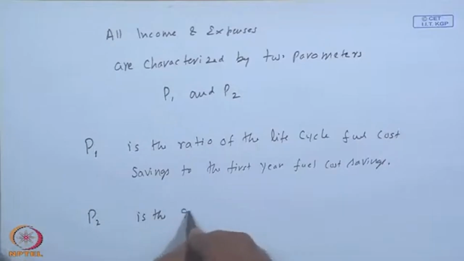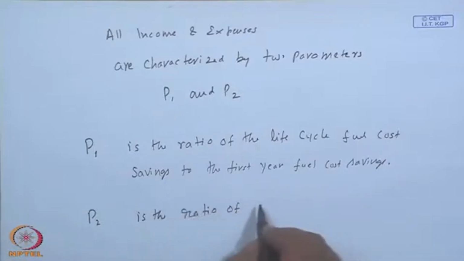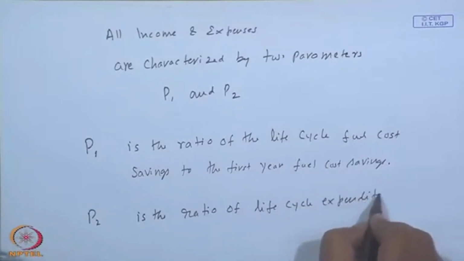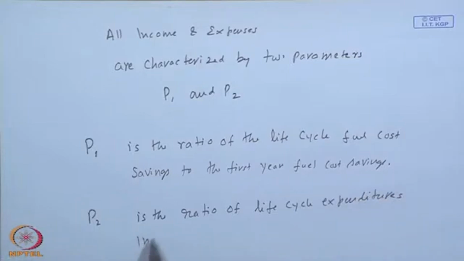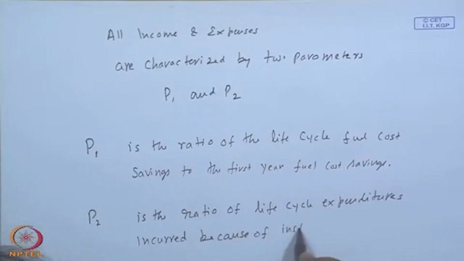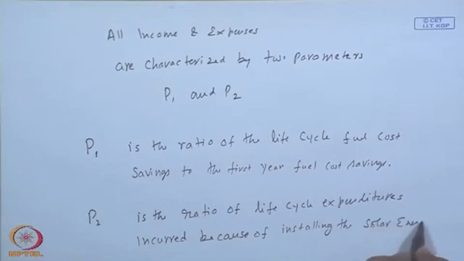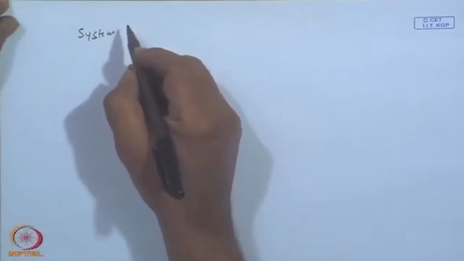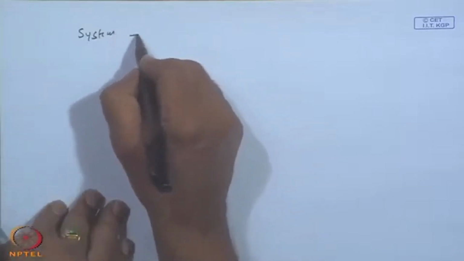It is the ratio of life cycle expenditure incurred because of installing the solar energy system, that is, the ratio of life cycle expenditures incurred because of the additional capital investment to the initial investment.